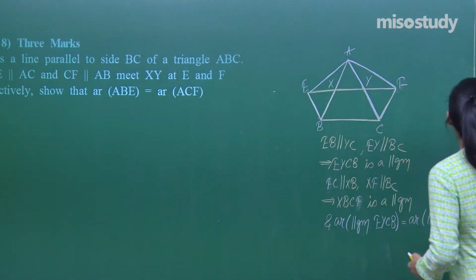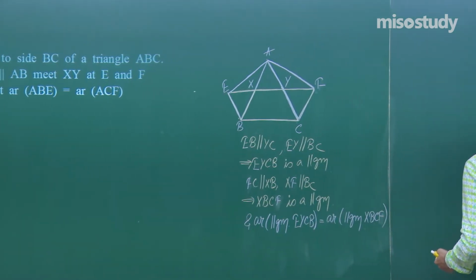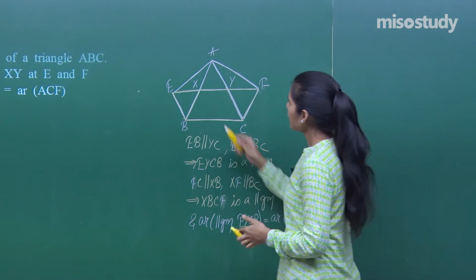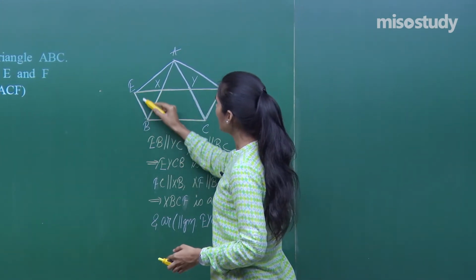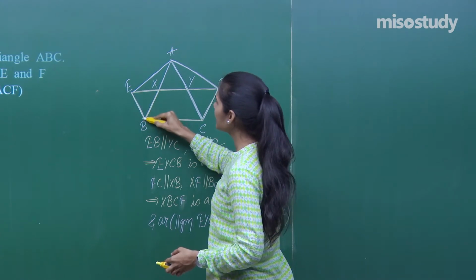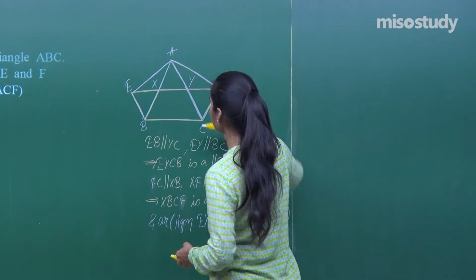Try to observe one thing. This triangle AEB and parallelogram EBCY are lying on the same base EB and between the same parallels EB and AC.